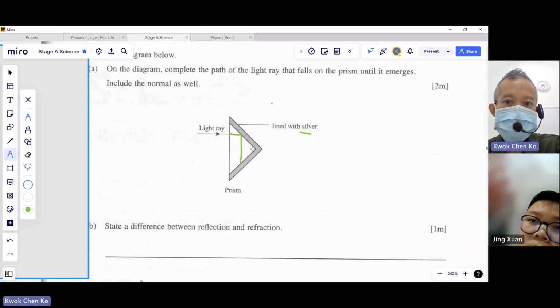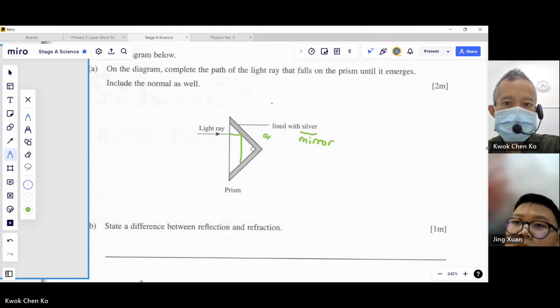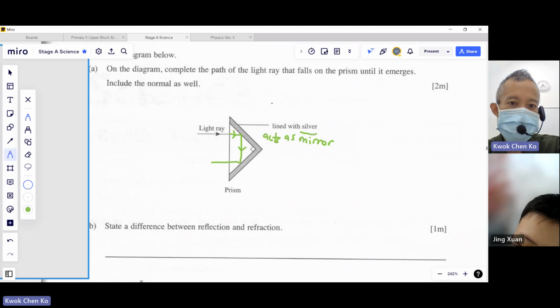The line is silver, that means this acts as a mirror. Of course, please draw your arrows as well. Gets reflected again.